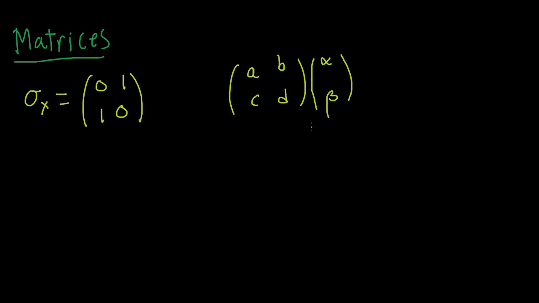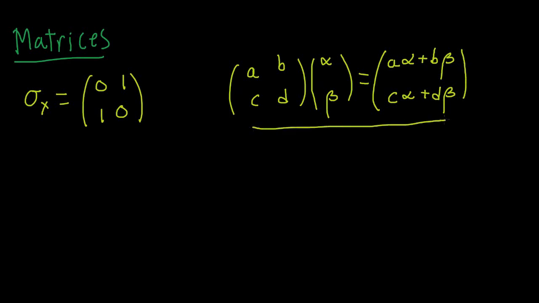So here we have a column vector, and here we have our matrix. And this matrix is going to take this column vector to a new column vector. And the new column vector it's going to take it to is just the one with components a times alpha plus b times beta and c times alpha plus d times beta, right?